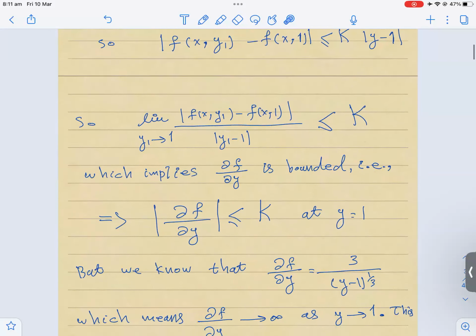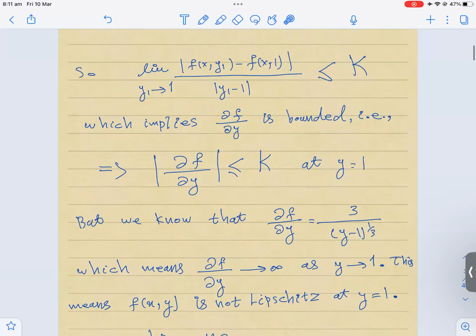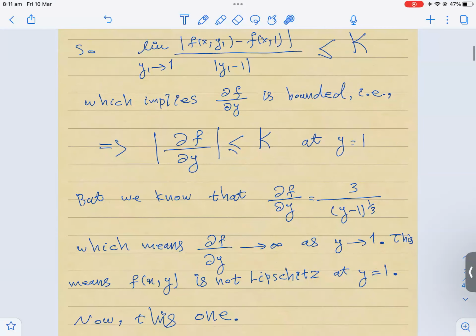But we saw that the partial derivative of f in terms of y was like 3 over (y minus 1) to the 1 over 3. And when I substitute y approaching 1, the partial derivative will be infinity. So this fraction will approach infinity, 3 divided by 0.